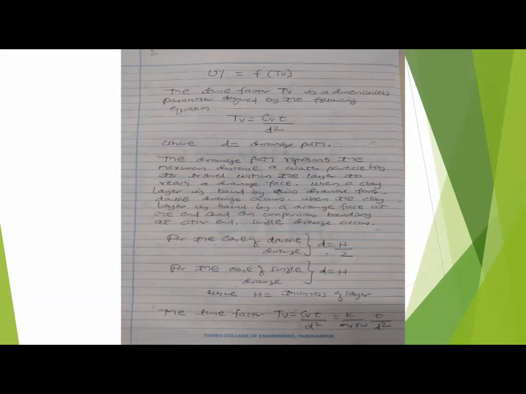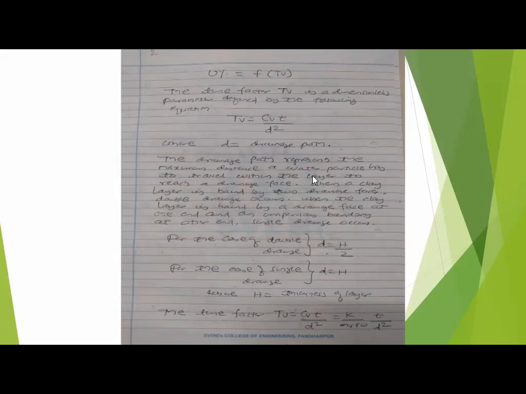When a clay layer is bounded by two drainage faces, double drainage occurs. When the clay layer is bound by a drainage face at one end and an impervious boundary at the other end, single drainage.